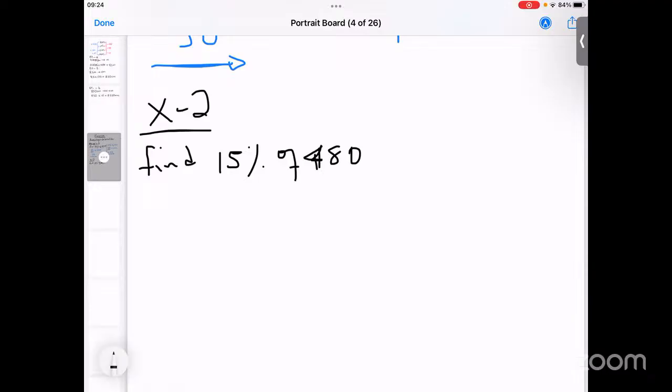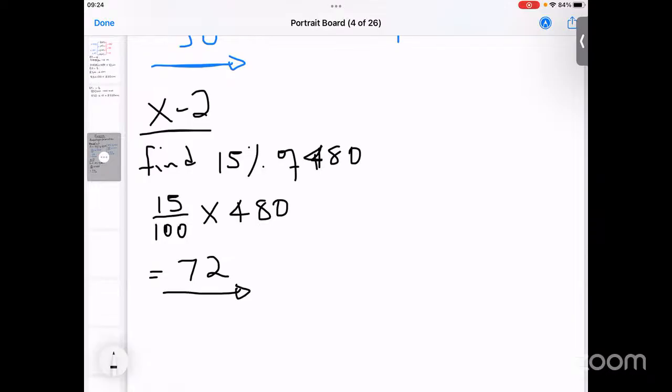Okay, so now it should be easy because what we know is that a percentage means out of 100, and then of what? Of 480. Then you just punch it on your calculator. Trust me when I say it will give you 72. And that should be the end of it.